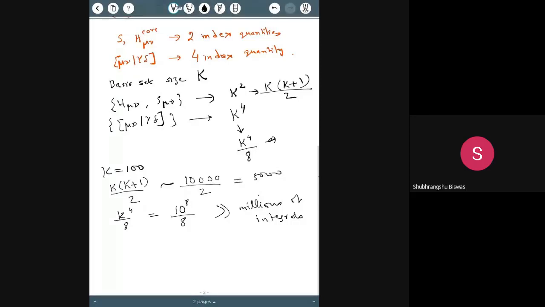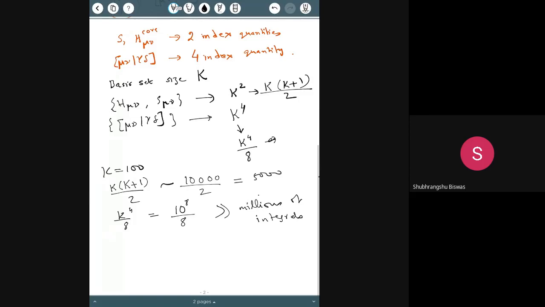So that is also exploited. And the third thing that you can do is, if two basis functions are spatially separated by a lot and have very small overlap, then the integrals also turn out to be almost 0.